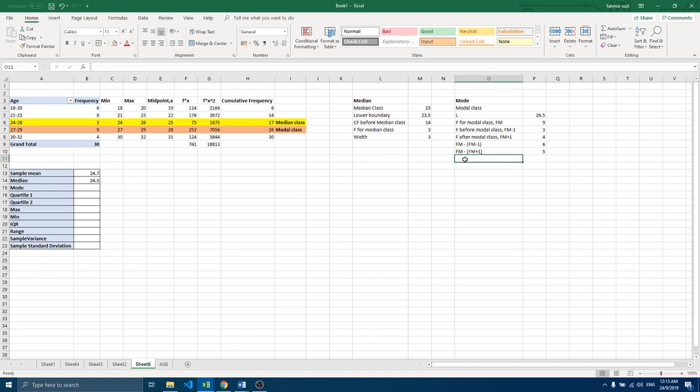First I add one more for W for width, which is equal to 3 as well.